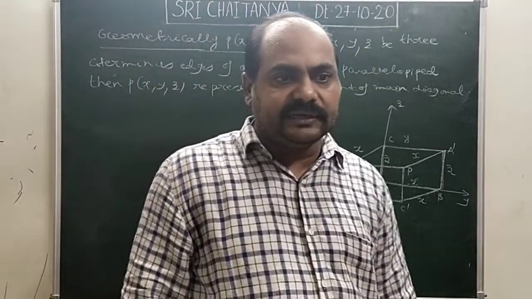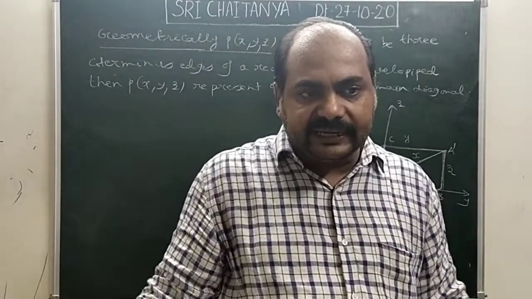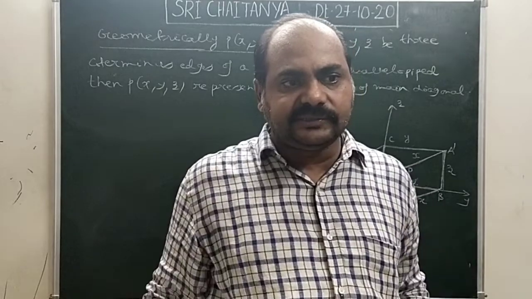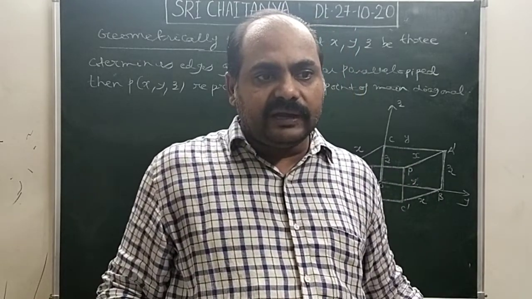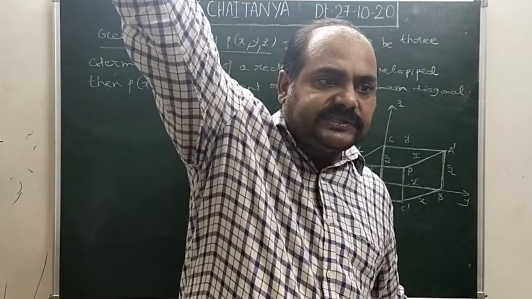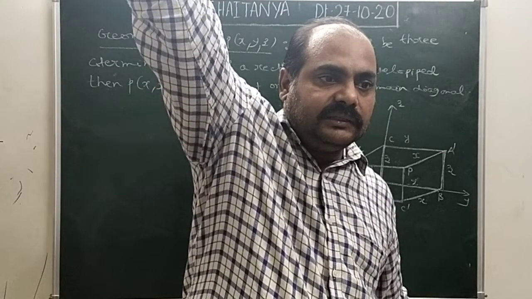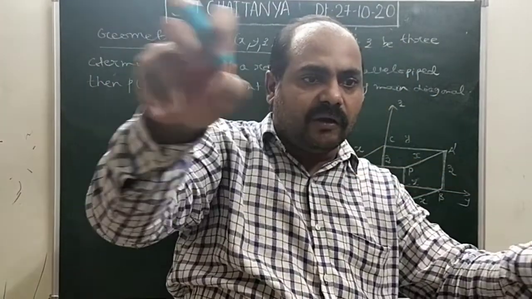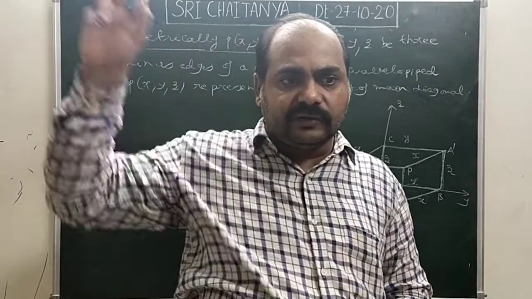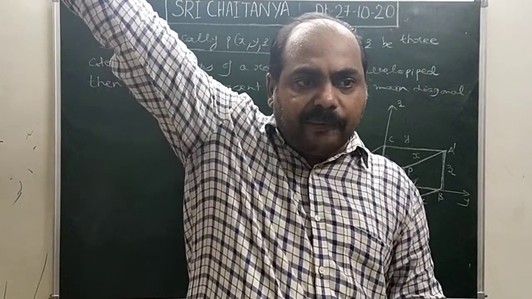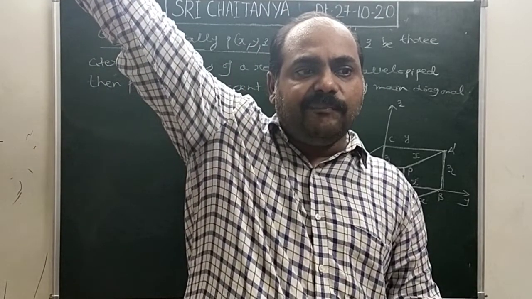Main diagonal is nothing but take ground floor's rectangle is there, all the four vertices you take. You take one vertex and connect to the topmost point opposite corner. That is one diagonal. Like that you take all the vertices of the rectangle and connect to the opposite top face. Those four are main diagonals.